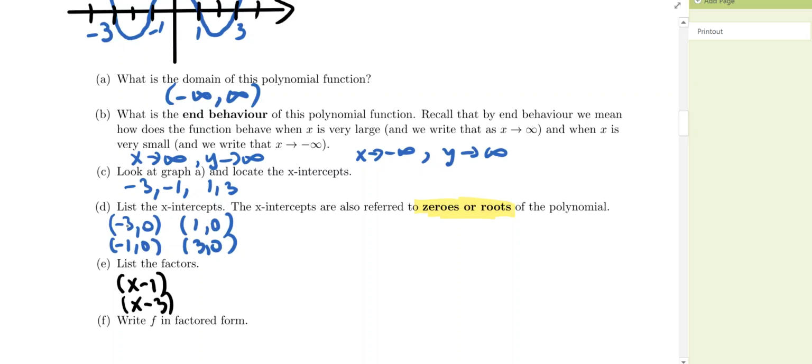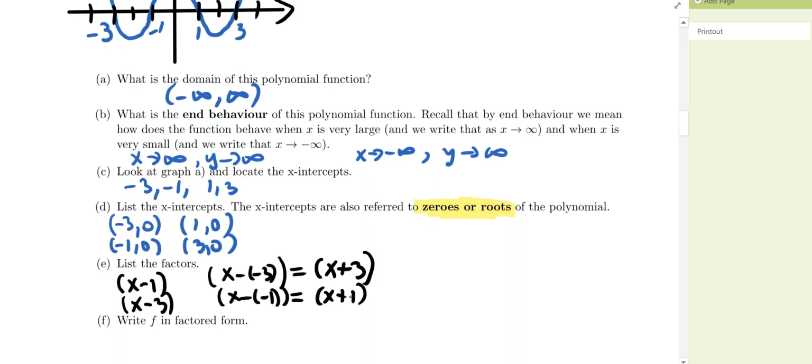If -3 is a zero, we say that x minus -3 is a factor, which is the same as x plus 3. And if -1 is a zero, x minus -1 is going to be a factor. So that turns into x plus 1. So the factors are x minus 1, x minus 3, x plus 3, x plus 1.